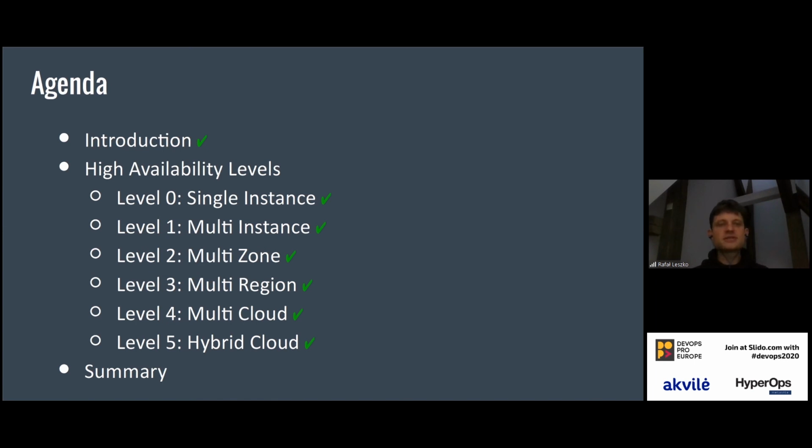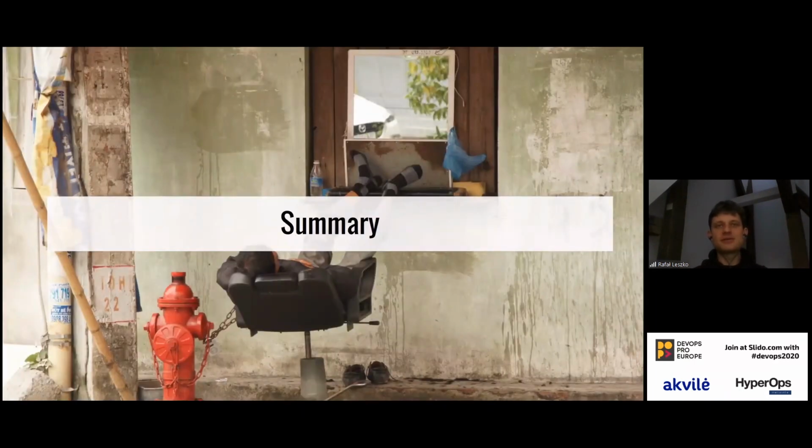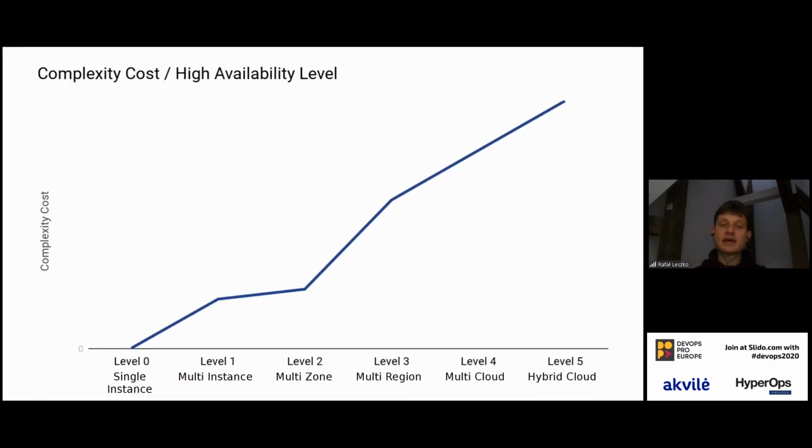As a short summary, I will maybe not say anything I already said before. What I would like to show you is how I see the complexity graph across different high availability levels. At the beginning, we have single instance, which is super simple.